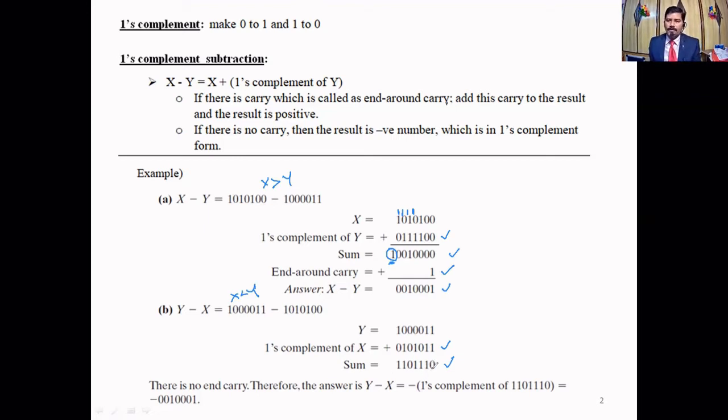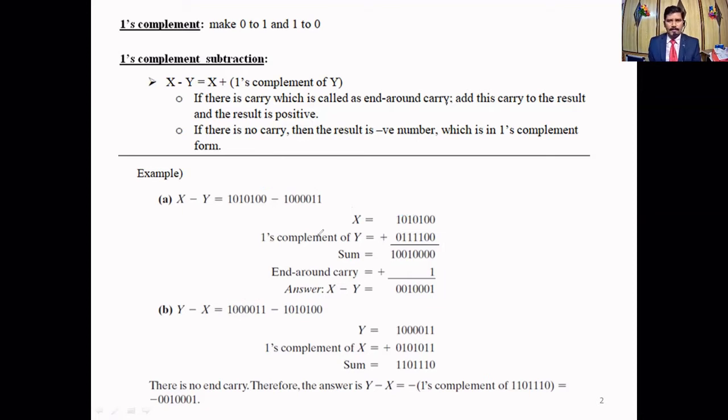If you want to know the decimal equivalent, because it is in ones complement, take the ones complement back. Minus the ones complement of this sum equals minus 17. You can check whether the answer is correct by converting both numbers to decimal, so minus 17 will come.